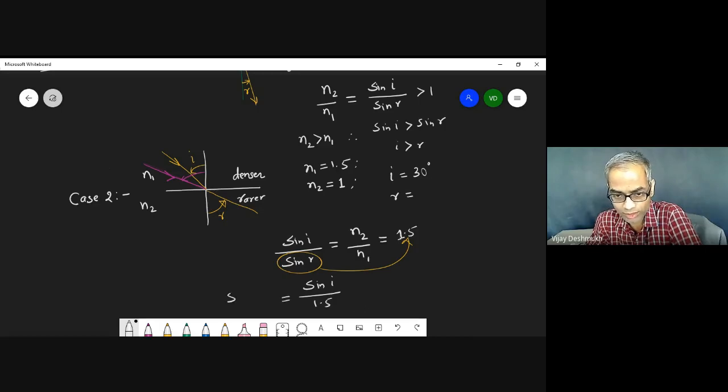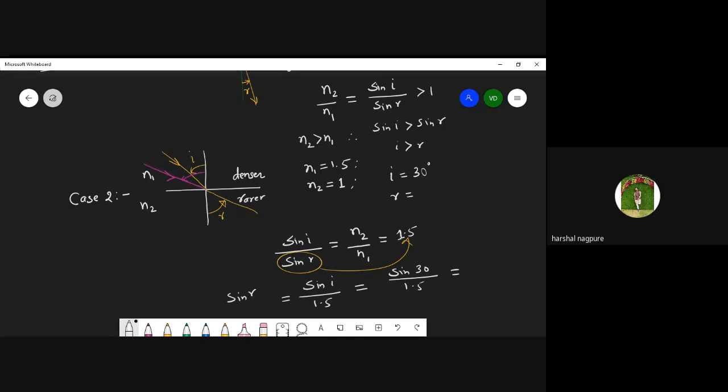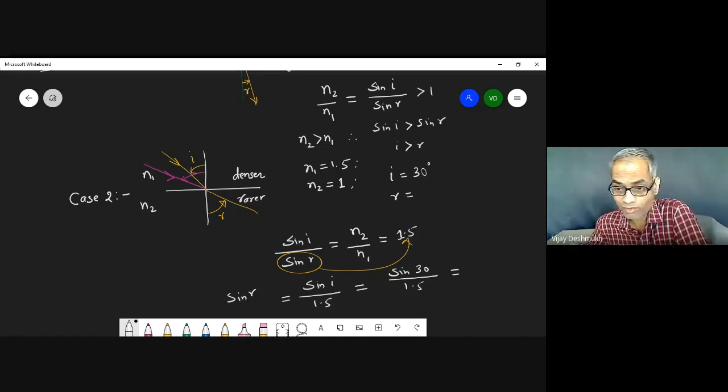This is the value of sin r. So sin i is sin 30 divided by 1.5. What is sin 30? 1 by 2, that is 0.5, divided by 1.5.